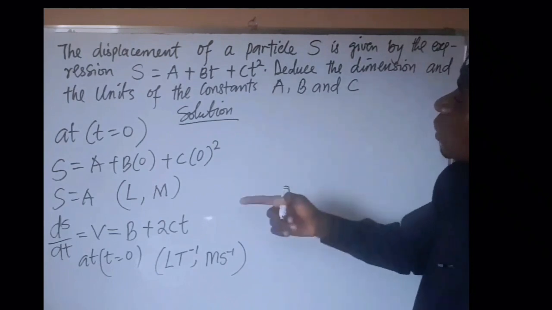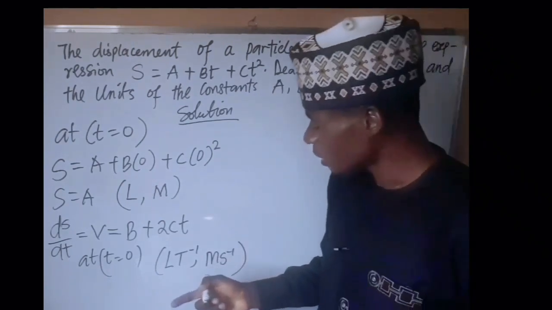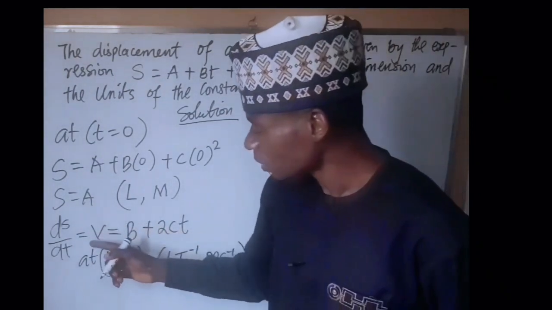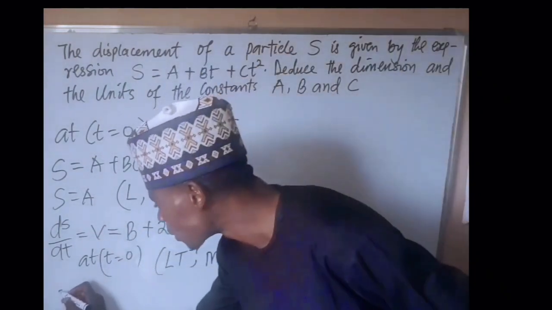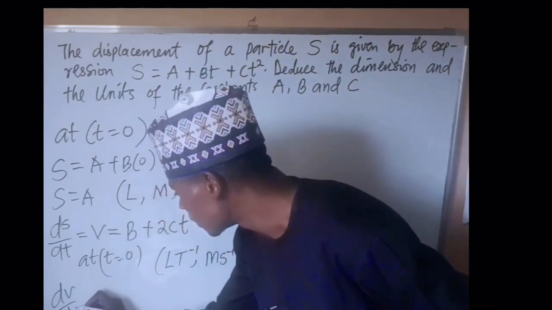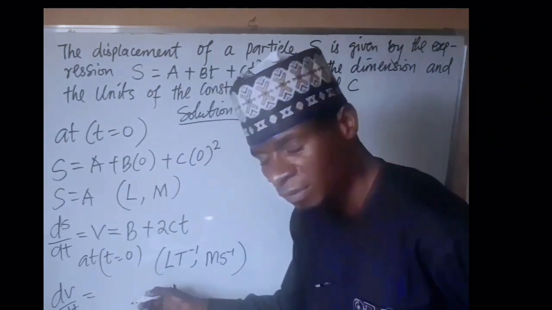So we move to the third one, which is C. This C, we have to differentiate again. We have to differentiate velocity. We said dv/dt is equal to acceleration, isn't it so?